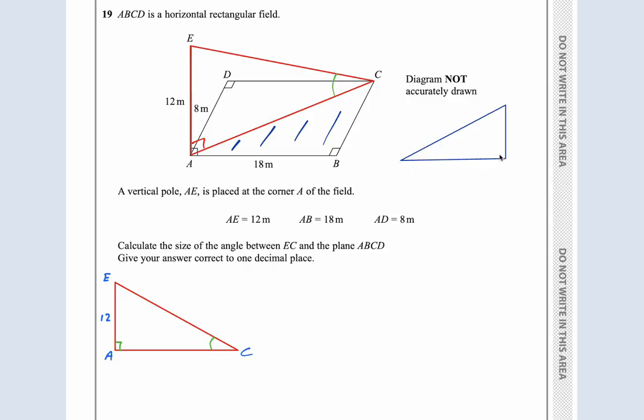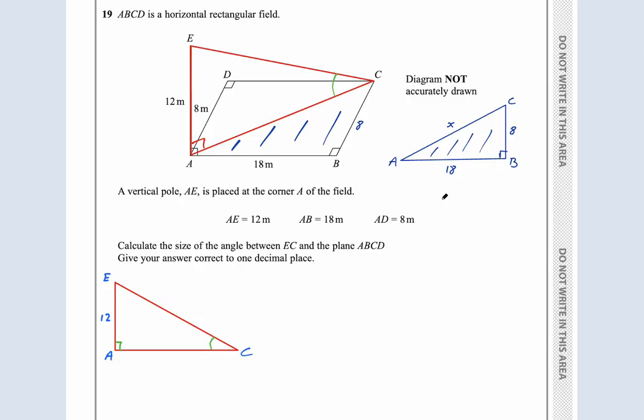Okay, this is a right angle. This is A, B, C. This is 18. And this, guys, is 8 because that's 8 there. It's a rectangle, so this is 8 here. So I can find this length, let's call it X, using Pythagoras' theorem. So this is this shaded triangle.